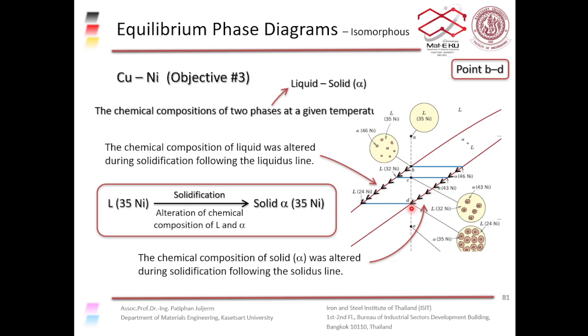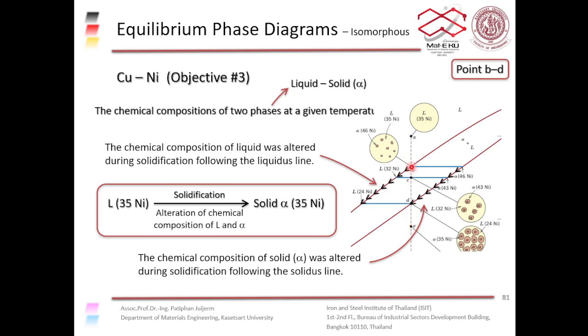So during solidification, you start off with the overall composition of 35% nickel, and the amount of nickel in liquid changes, the amount of nickel in solid changes, but the overall amount, you start off with 35% nickel, you end up with an overall amount of 35% nickel in the solid at about this temperature here, right?